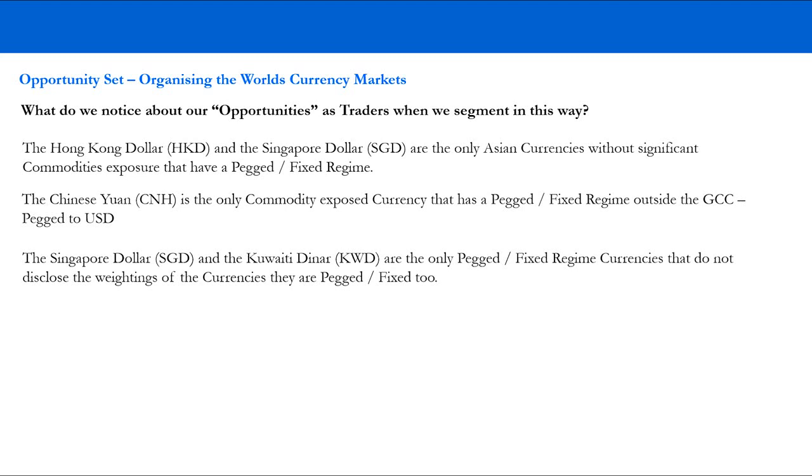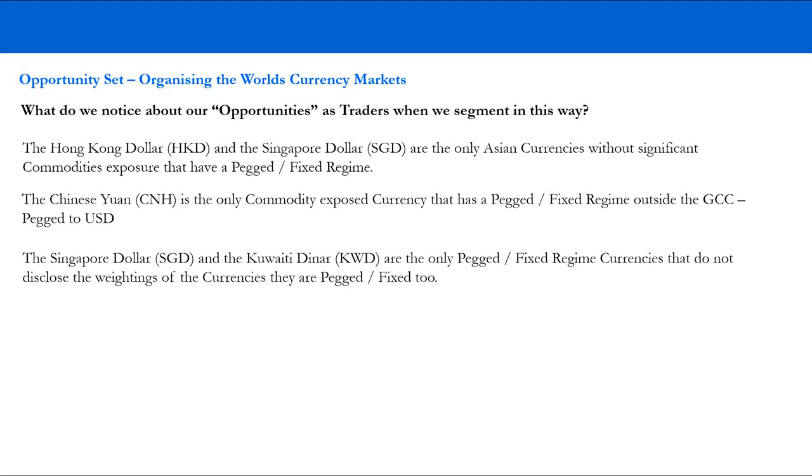What else do we notice about our opportunities when we segment in this way? Well, we find that the Hong Kong dollar and the Singapore dollar are the only Asian currencies without significant commodities exposure. So they're pretty diverse.